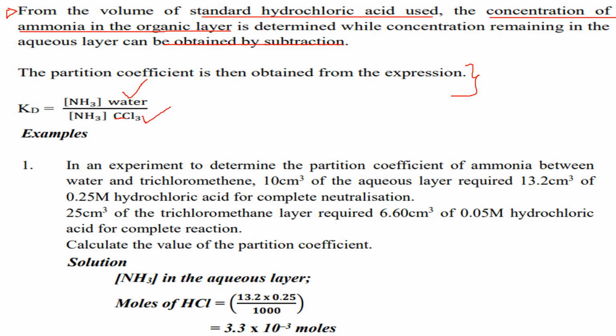So make sure that chloroform is a subscript of the molar concentration bracket, and also water must be a subscript of the molar concentration bracket as you are taking your notes. Now we are going to look at numerous examples to master what we have covered.